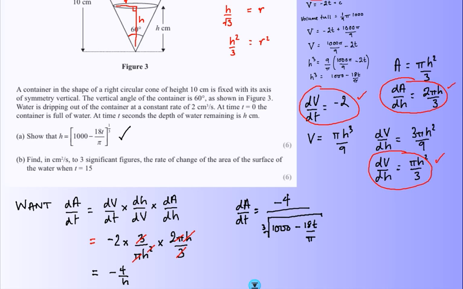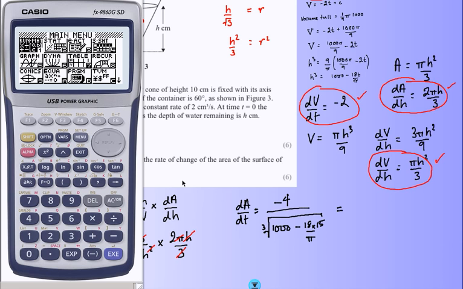And rather than that, let me save myself a little bit of space and get rid of the t. I know t is 15, so that's 18 times 15 over pi. I put this in my calculator, I should get my answer.